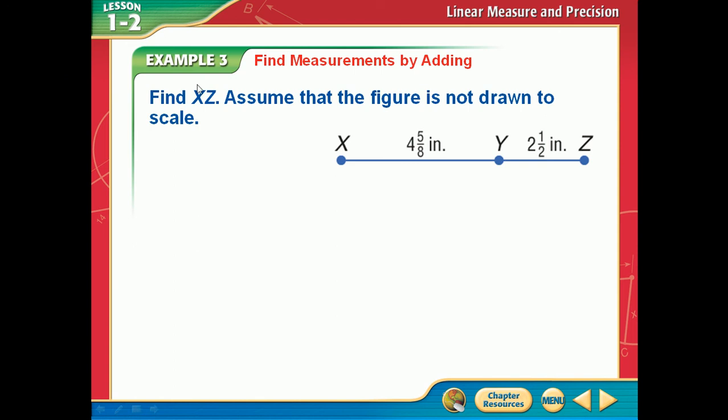If you don't see a line over top of it, it means automatically find the length of the line segment. So they don't have to actually put the word length in there. It just saves them a little bit of writing. So instead of saying find the length of XZ, all they got to say is find XZ. That means find the length of it. Make sense? It's a very subtle difference, but that's how they describe that.